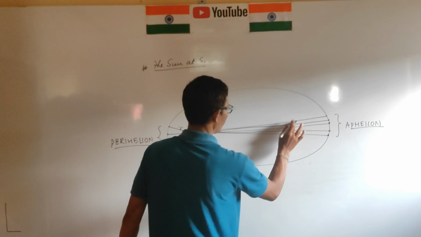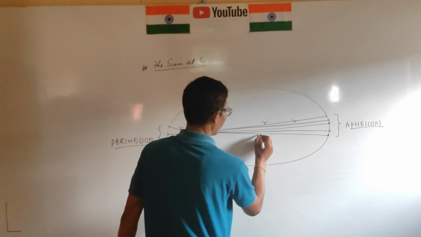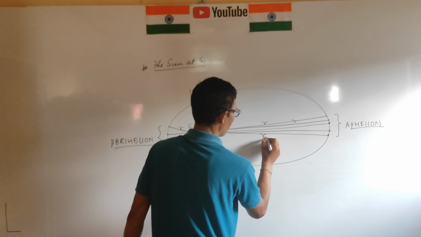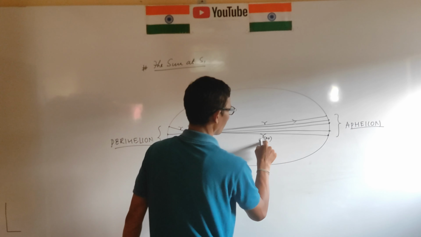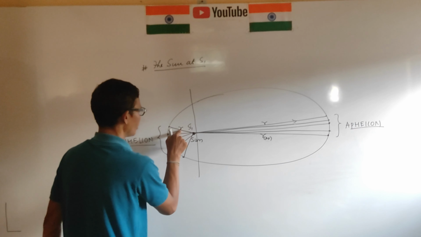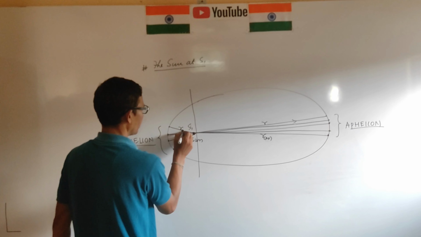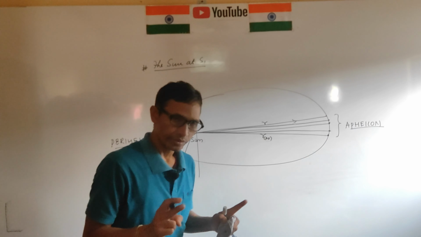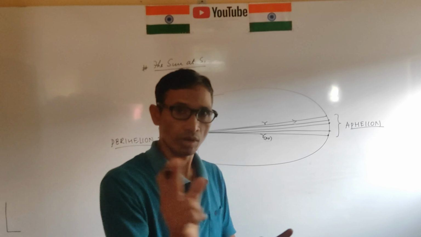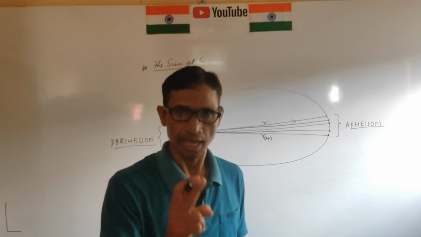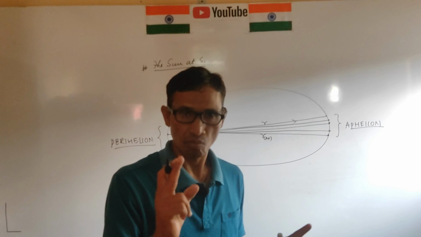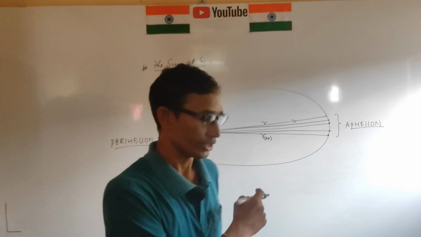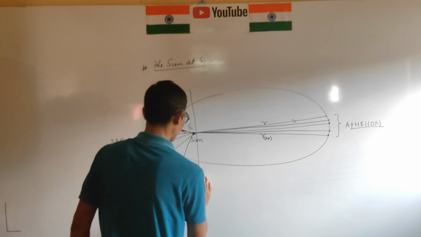This distance is called AP, the radius of aphelion, and this distance is called PE, perihelion. When the body is moving in a circular or elliptical path, the centripetal force acts here.